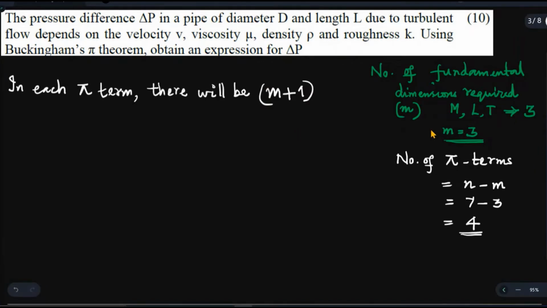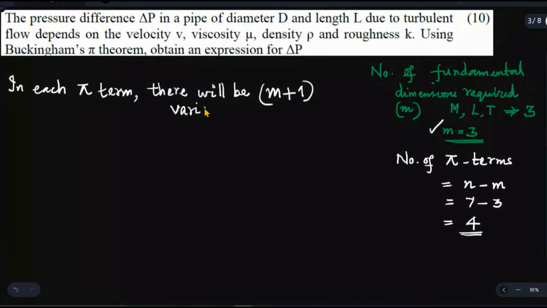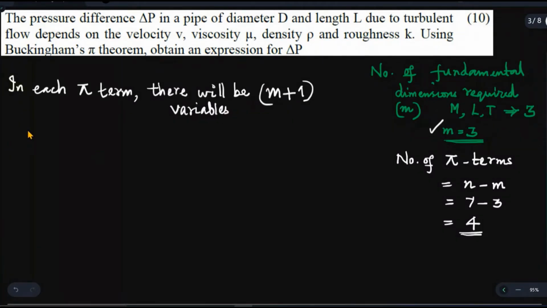So m is equal to 3 here. So m plus 1, 3 plus 1. So there will be 3 plus 1 variables in each pi term, out of which m number will be repeating.